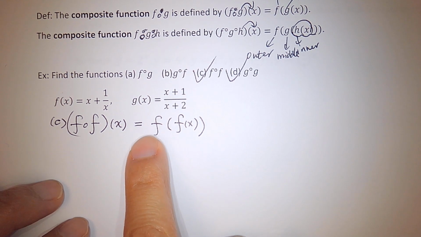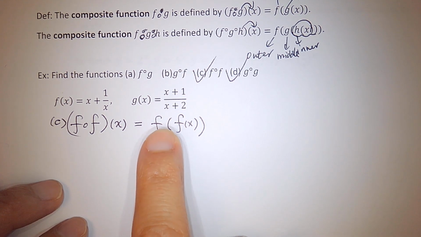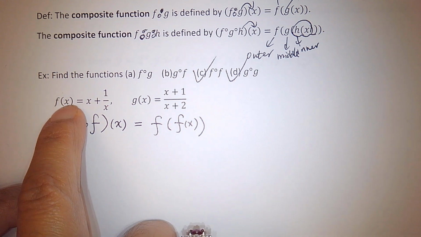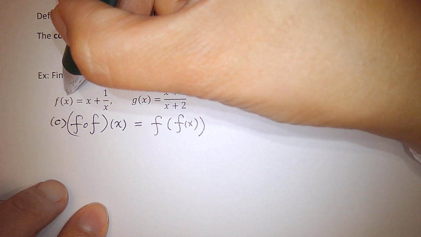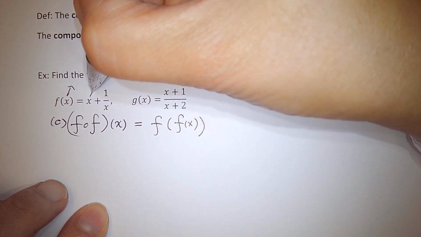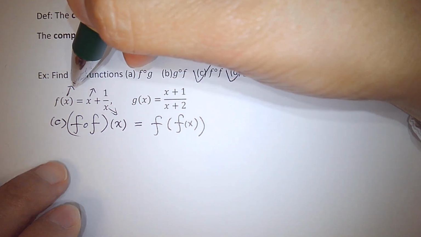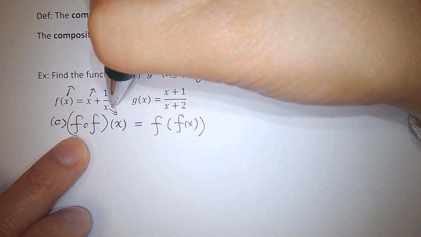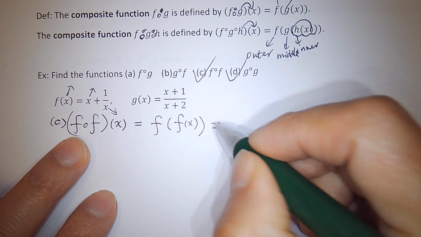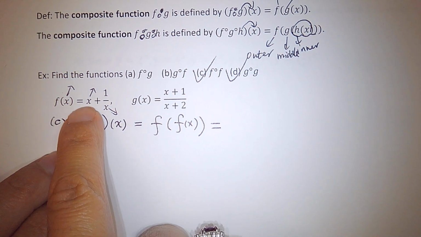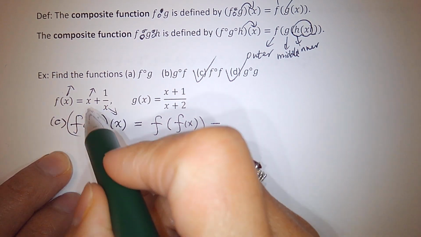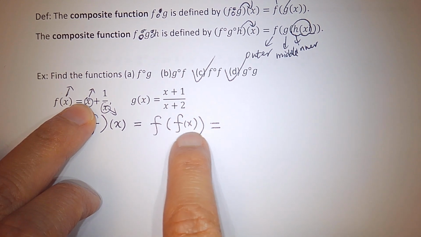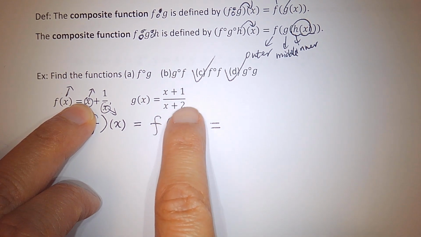So how to understand that? It means now these x will all become what? f of x, right? So we know f of x equals x plus 1 over x. Each of these positions now becomes f of x itself.